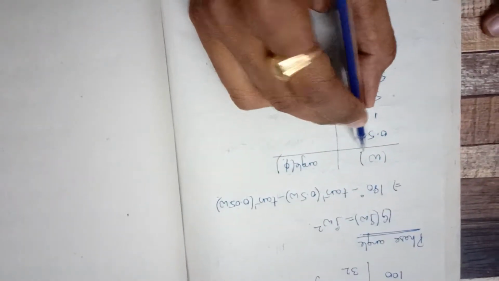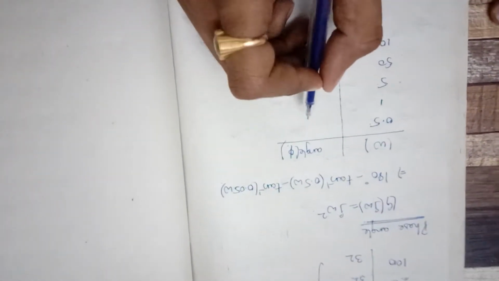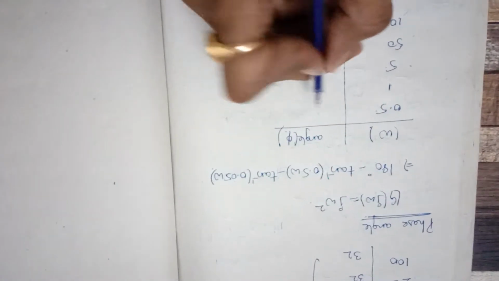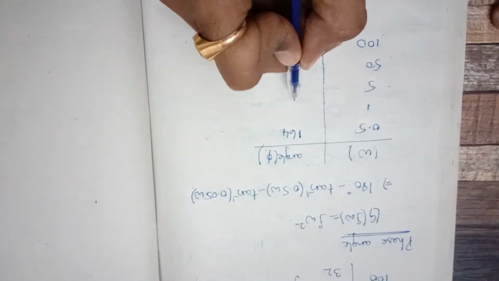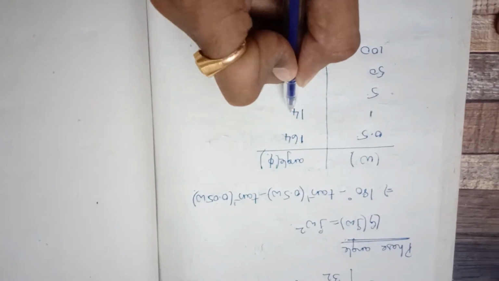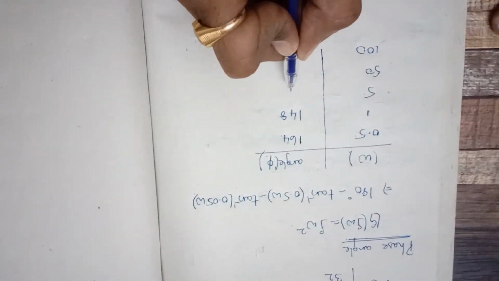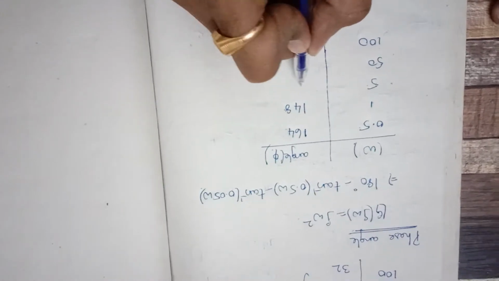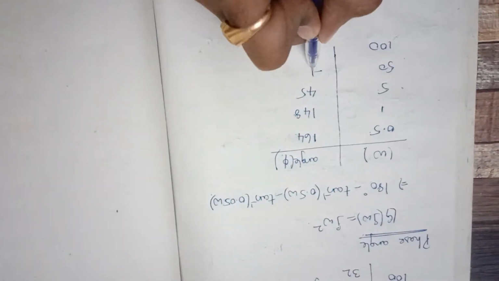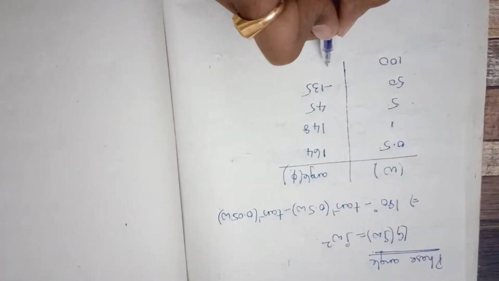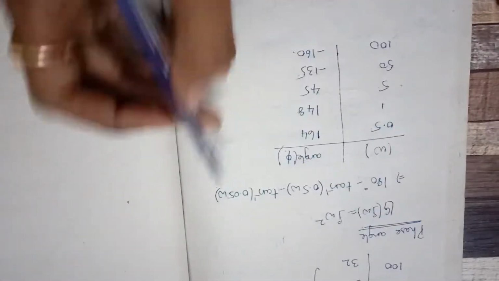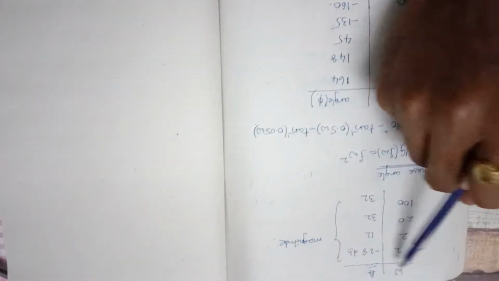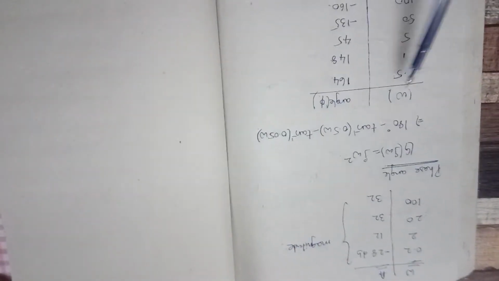Okay, from radians to degrees, and note down. After calculating, I have got certain values. So I have got the angle of 164 and 148, and this has come around 45, this as minus 135, and this as 160. So now I have got the magnitude, omega and A, frequency and magnitude, and phase angle.